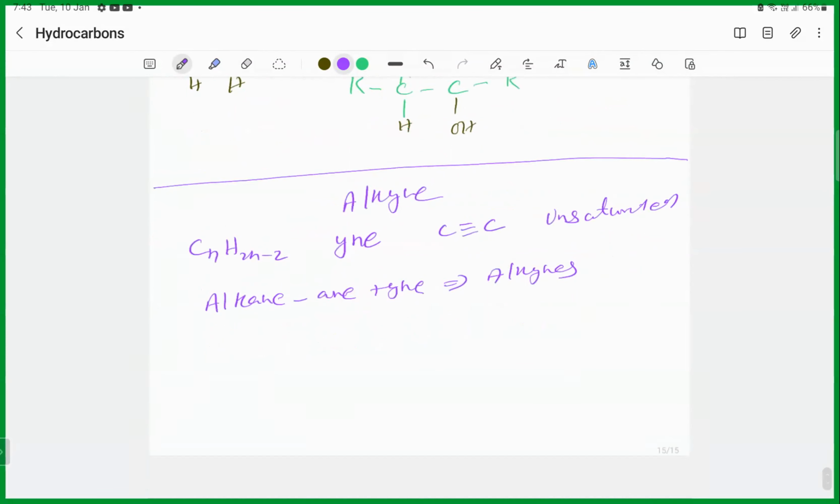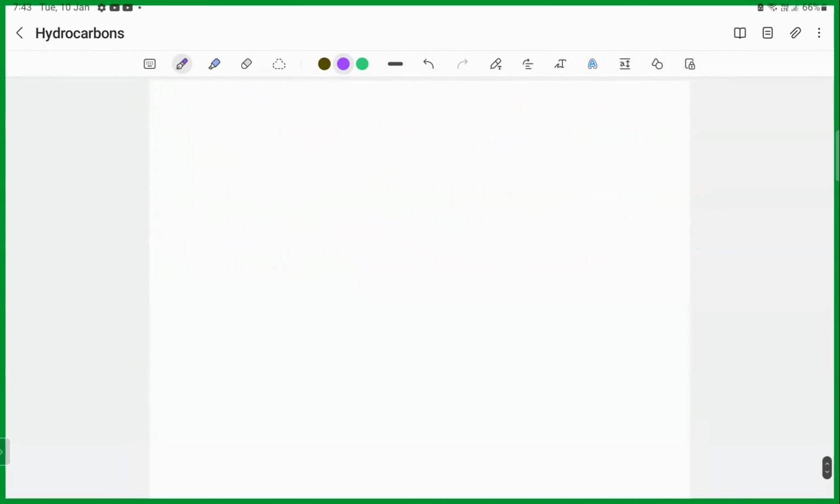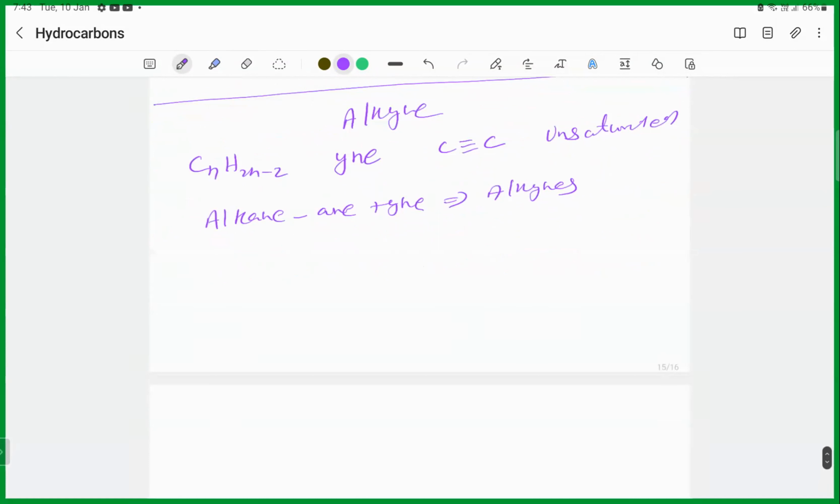So the method of preparation of alkynes, we'll see. In the laboratory method, when you treat calcium carbide in the presence of water, it will give acetylene plus calcium hydroxide.